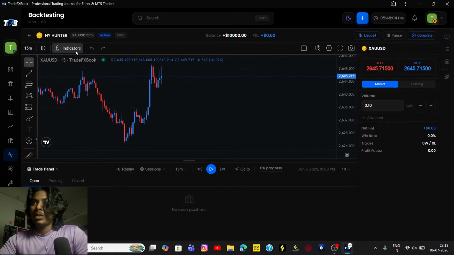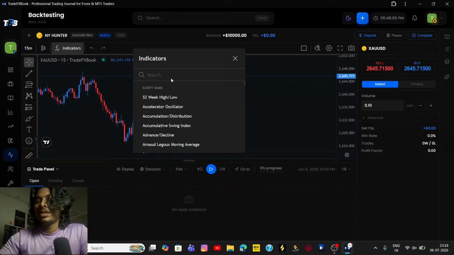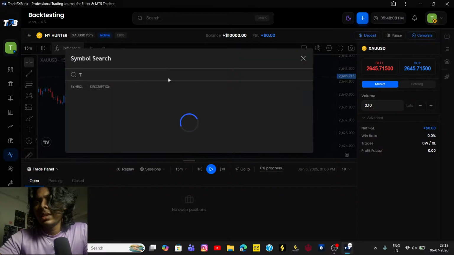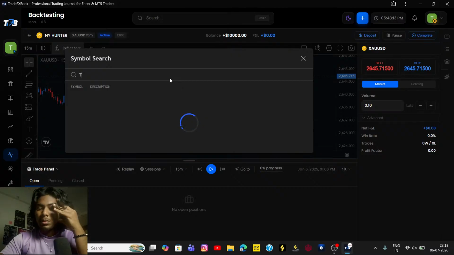So first of all, I'm going to add some indicators, which is T. Wait a minute. Let it load. TXP something. I don't remember the indicator. The network is really slow. I don't know why.